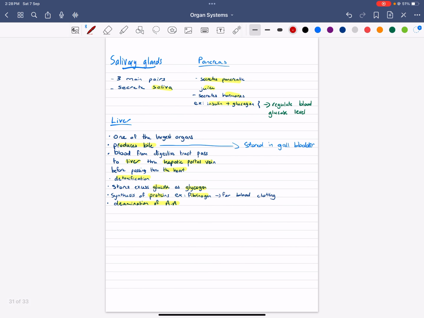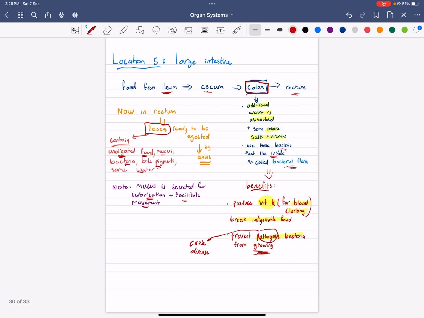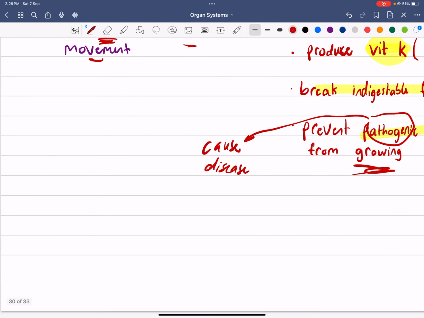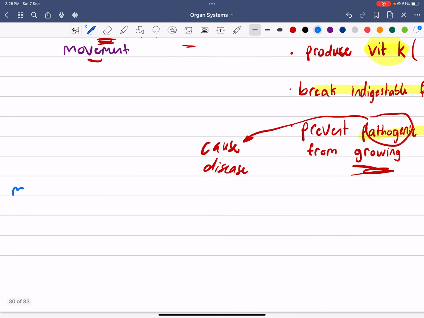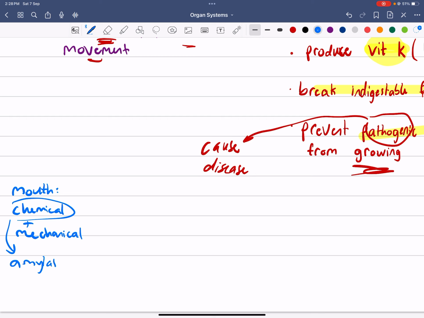Okay, before we look at the accessory organs, I will just quickly summarize what we talked about. So first we started in the mouth, where we had chemical plus mechanical digestion. Okay? Now, what was the enzyme for chemical digestion? It was amylase, and it breaks down starch into maltose.